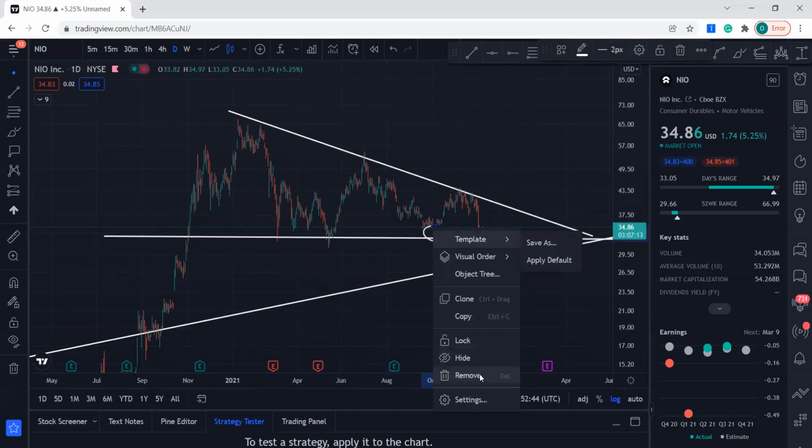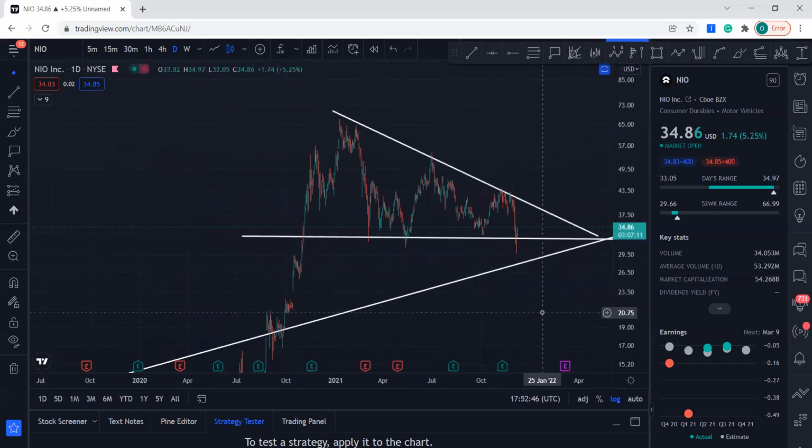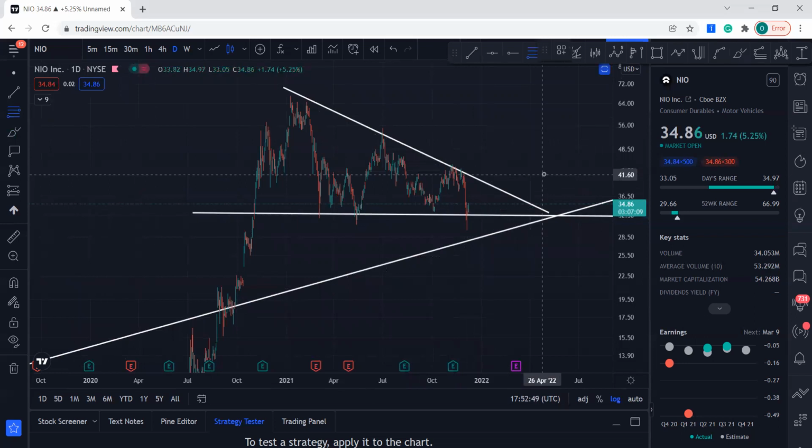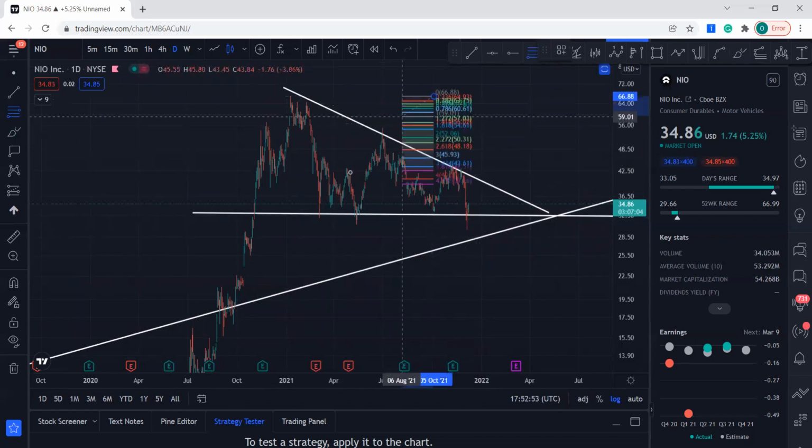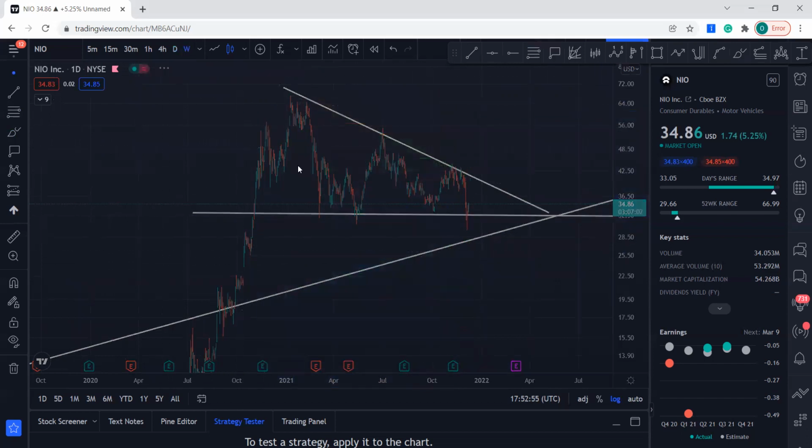Fibonaccis. Let's come to the Fibonaccis now, because Fibonaccis have their own little storytelling. If we measure this move, let's do it in the weekly.